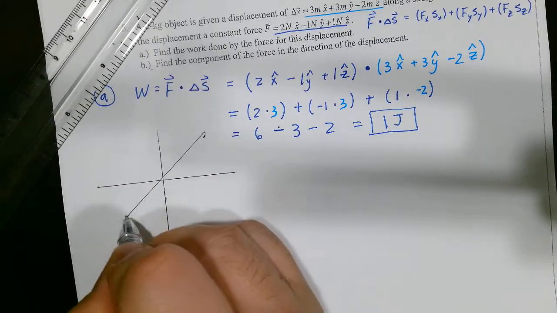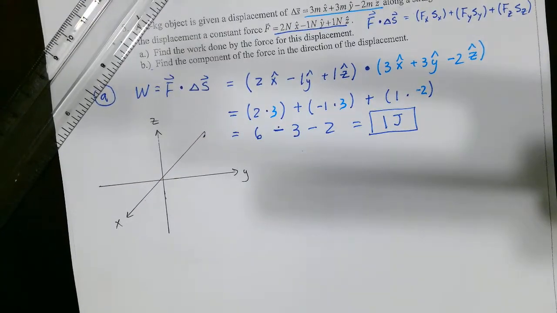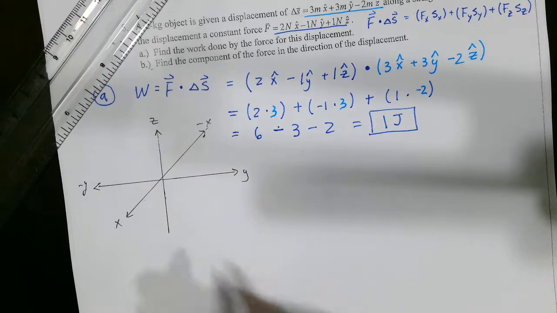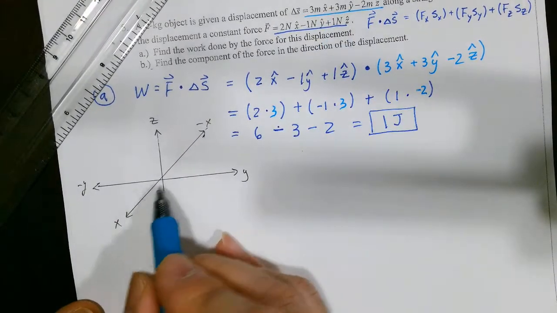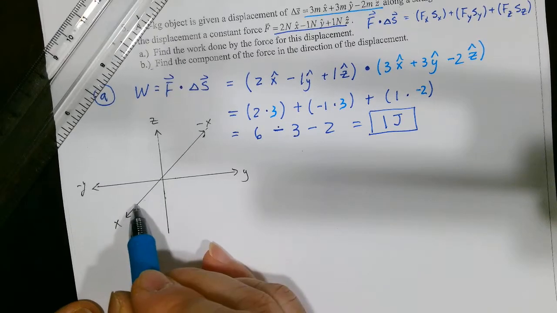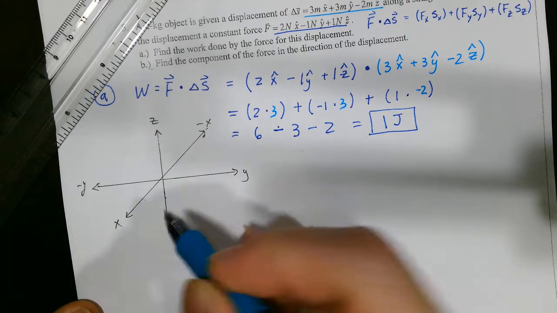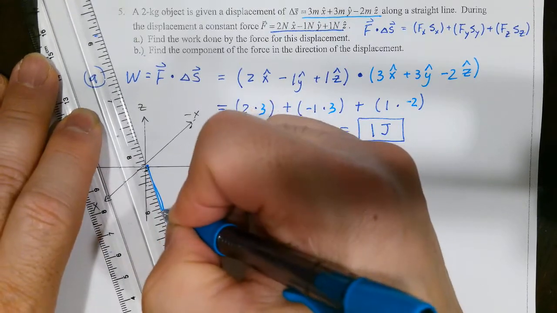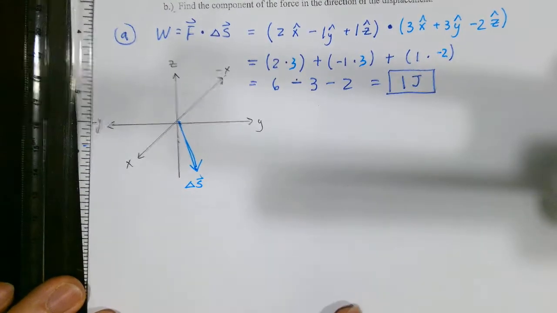So here, let's say this is your X, this is your Y, and this is your positive Z axis, and this is your negative X, negative Y, and negative Z. Your delta S happens to be in the first quadrant, like 45 degrees this way, positive X 3, positive Y 3, and then negative 2. So it's down here somewhere. So this is your delta S. Oops, can't even use the ruler properly here. So that's my delta S.